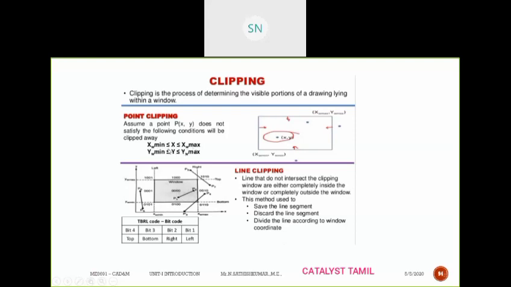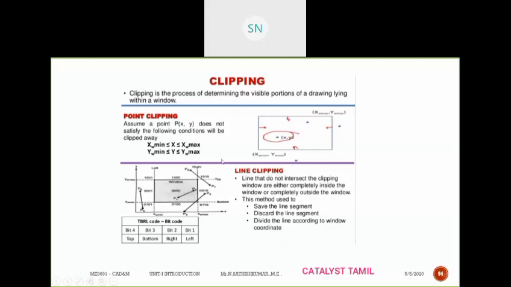Here w means window, and v means viewport. So it is minimum x in window, maximum x in window, minimum y in window, maximum y in window.